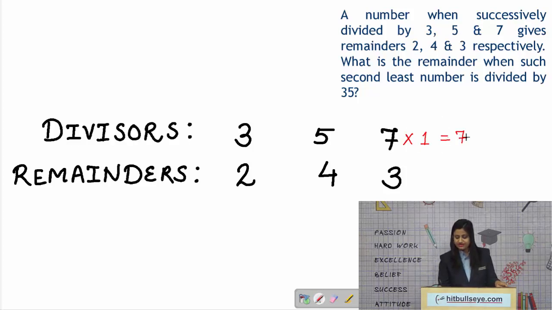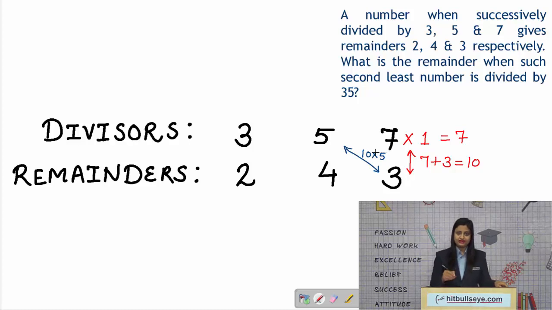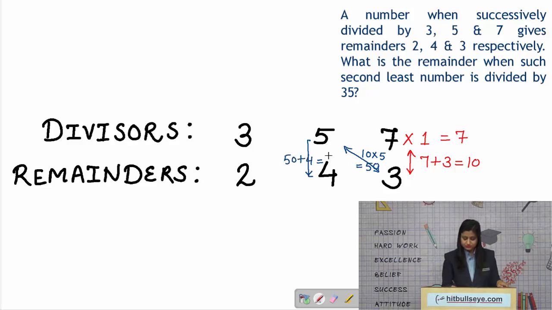It will give you 7. Then add up the remainder 3. So you are getting 10 as the result. Then multiply 10 by 5. Every time you are multiplying divisors and you are adding remainders. It will give you 50. Then add up the remainder, which will give you 54. Then multiply this 54 by 3.